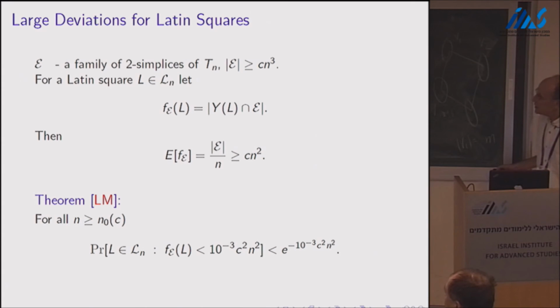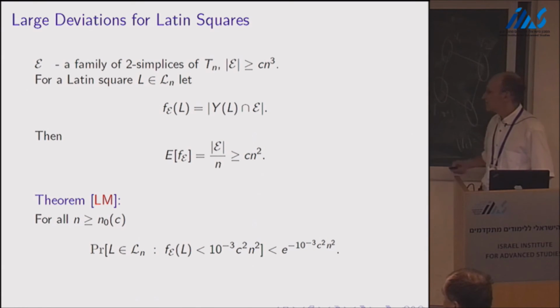And the theorem is, again, a large deviation theorem. It says that the probability that a Latin square will hit E in less than, say, 10 to the minus 3 C squared n squared is at most e to the minus n squared times some constant. And this turns out to be the key to the second part of the proof.